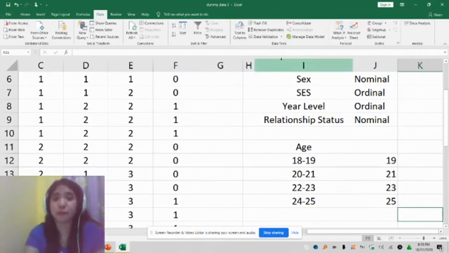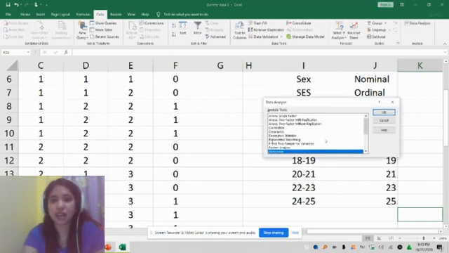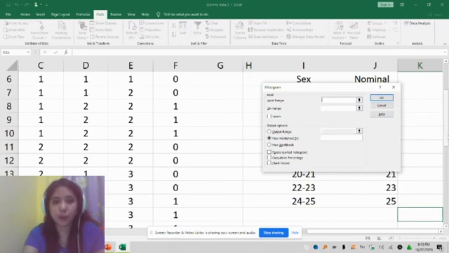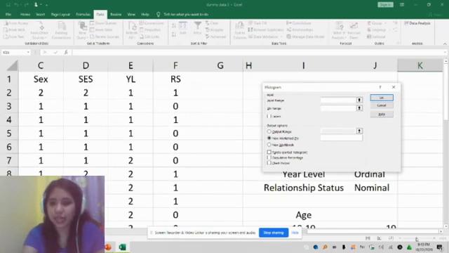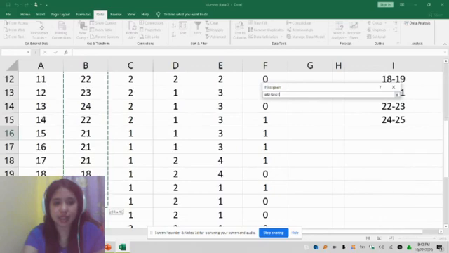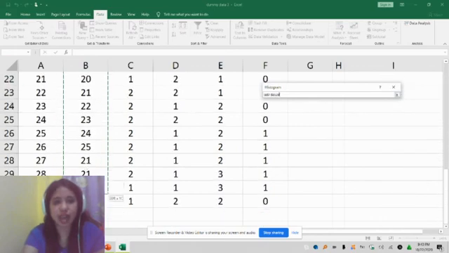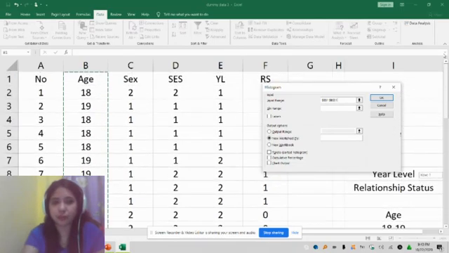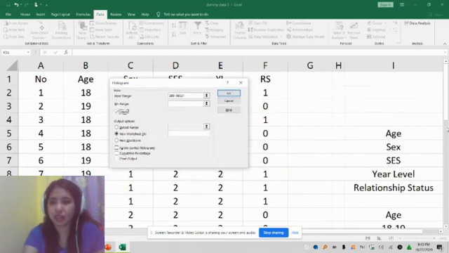So let's do the process again. Data analysis, histogram, click OK. Let's go back to our data, and that is the data on age. I'll select this. Since I selected the first row, I have to check labels because I included the label.